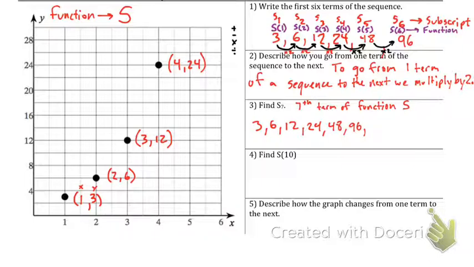And now we want S of 7, or the 7th term in our sequence, in our function. So we already know the rule. We're just going to multiply the previous guy to get the new guy. So in your calculator, we're going to multiply by 2.